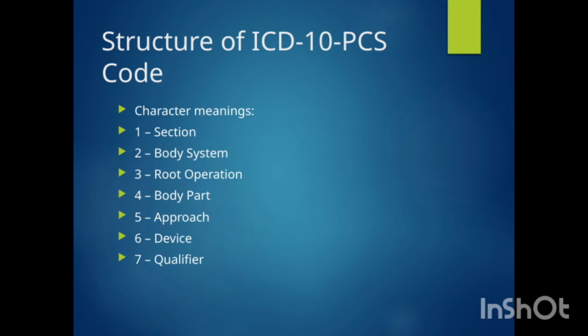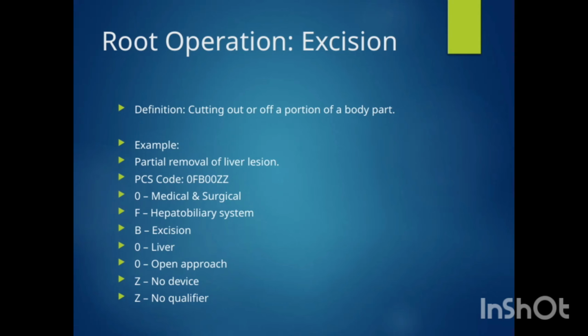Today, I'll be discussing the concept of resection, which is essentially the process of cutting out or off a part of the body. This is a common procedure in various medical treatments, especially when removing diseased or damaged tissue. For example, in the case of a liver lesion, a partial removal of the liver tissue might be performed. In medical coding, this type of procedure is classified under a specific system. For instance, the PCS code represents an excision of the liver, performed through an open approach, without the use of any devices or special qualifiers.